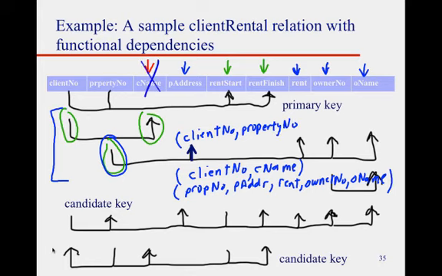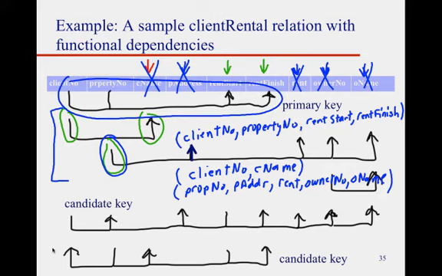Okay, but this will be gone, this will be gone, this, and this, because they're all part of the partial dependencies, and all that will be left is rent start and rent finish, which is a full functional dependency, right? The full functional dependency was on rent start and rent finish. So when I'm done, those three relations are in second normal form.